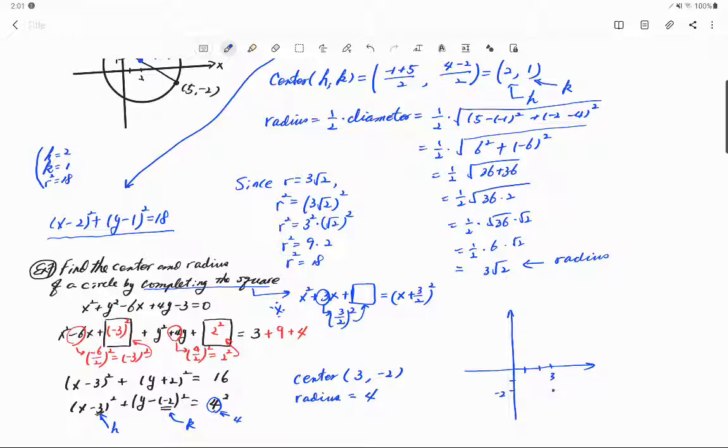So move 3 to the right, 2 down. The radius is 4. So it looks something like this. A circle like this. Okay, so we are done with this section. Please do the homework.